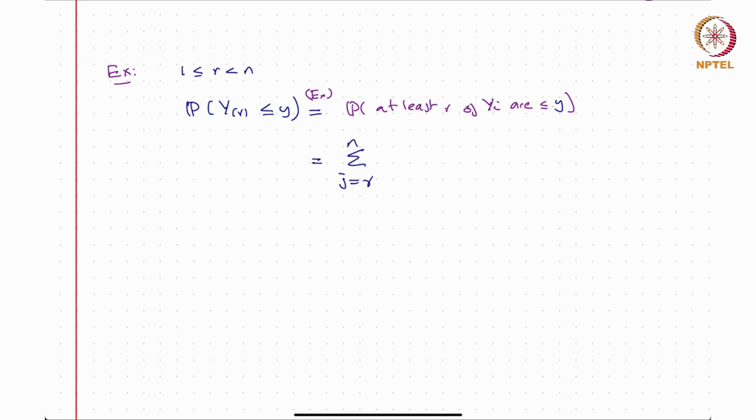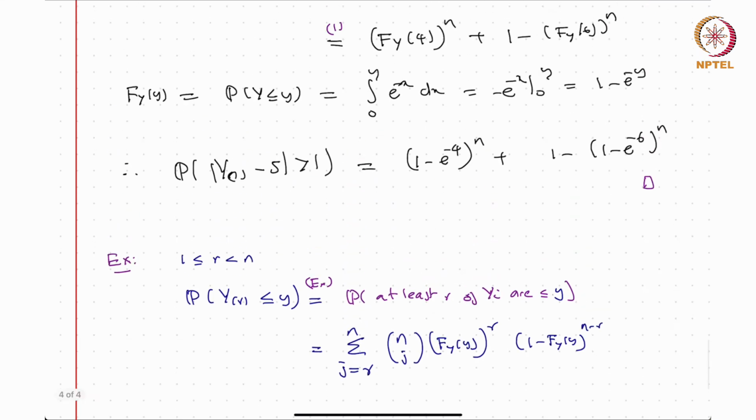You choose j of them, so that's n choose j. And you have j of them less than or equal to y, so that's F_Y(y) to the power j, and then 1 minus F_Y(y) to the power n minus j. That's the distribution function of the order statistic Y_r.